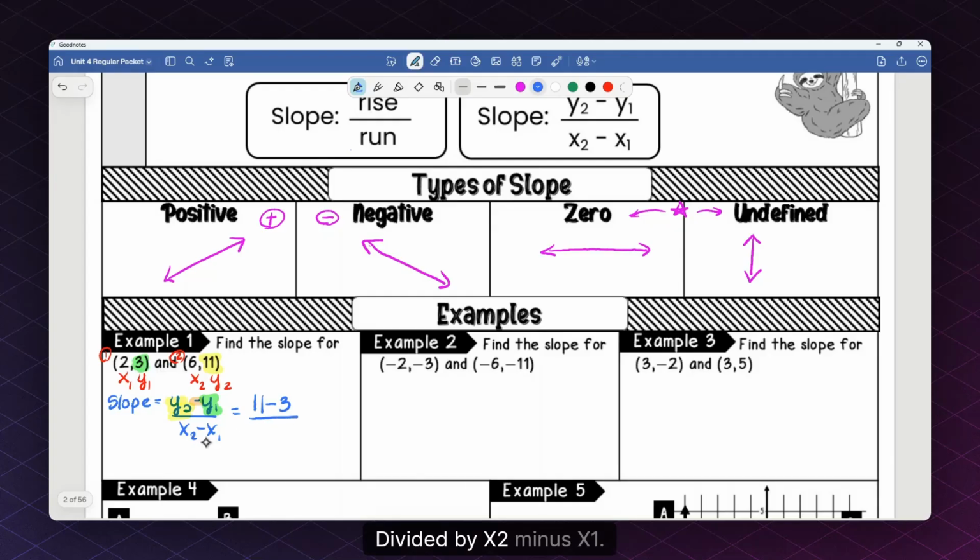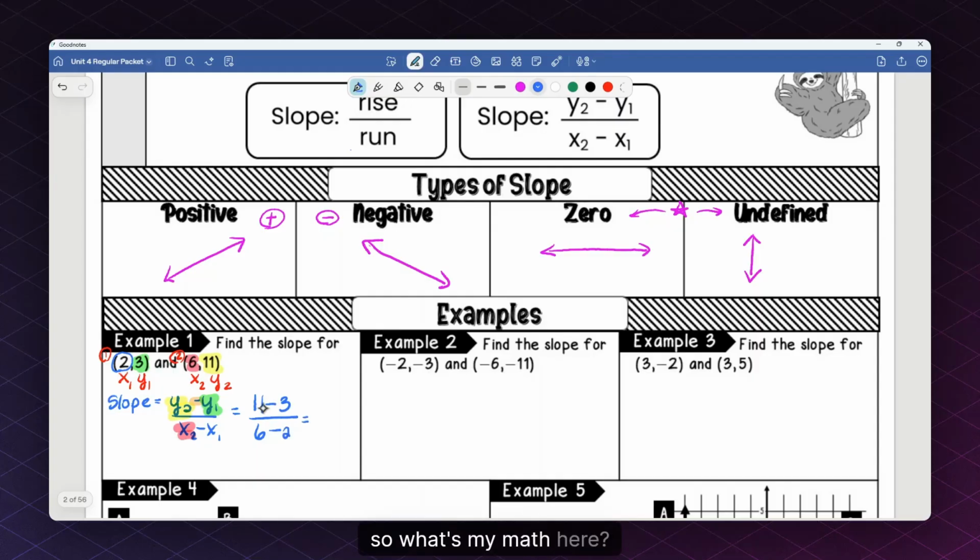Divided by x2 minus x1. So my x2, I'm just going to grab this one. So I got 6 minus, and then I'm not going to bother coloring my x1, because you see the pattern that I'm going with. 6 minus, I've got 2 here, so I'm going to put in 2.